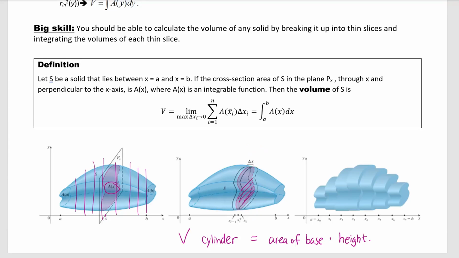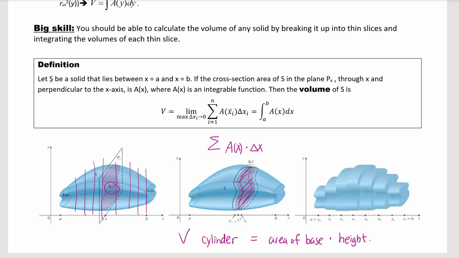So that's why here we have the volume of each slice is the area of base, which is A of x, times the change of x. This is the cross-section area times change of x. Change of x is the height. So far, so good, everybody? And then the volume of the solid is just we add those up.